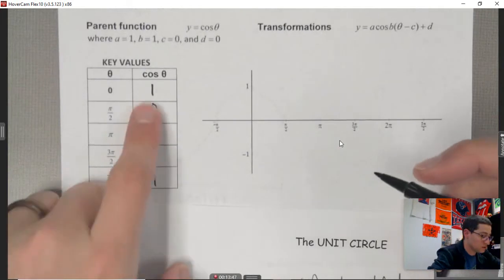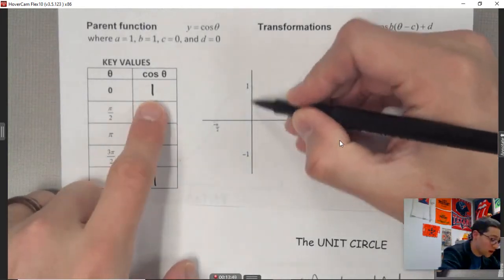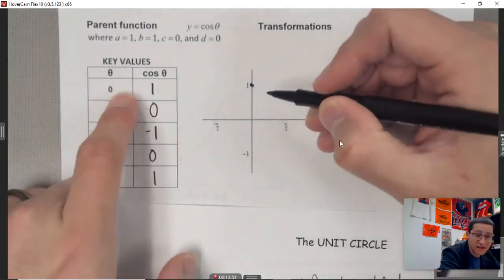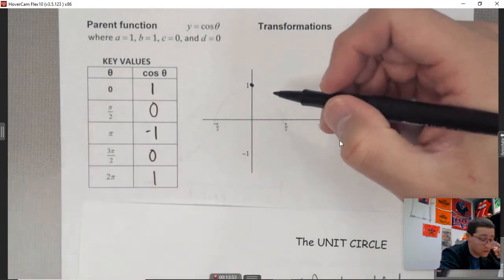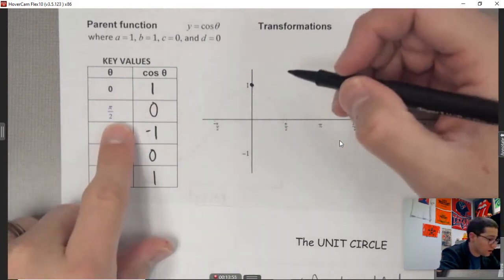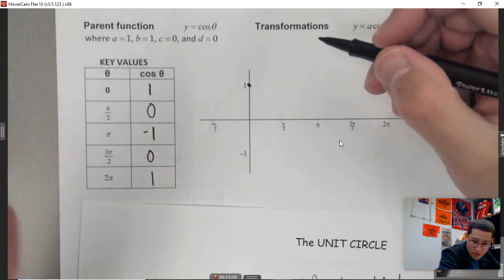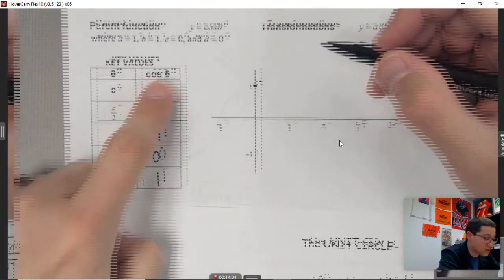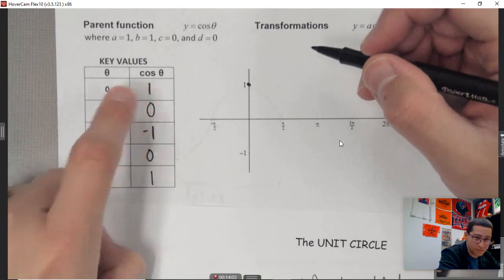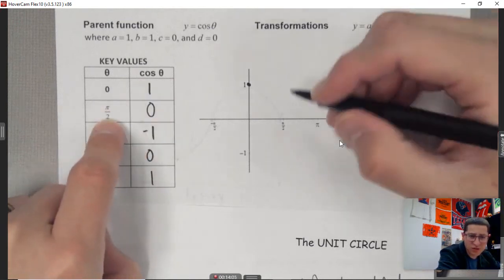Let's go ahead and graph this one. So 0, comma 1. Right, this is your x, y values for this. We're using the angle as our x coordinate, right? But then we're using the cosine of theta as our y. Okay, so pi over 2, 0.